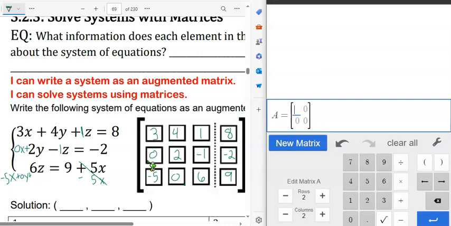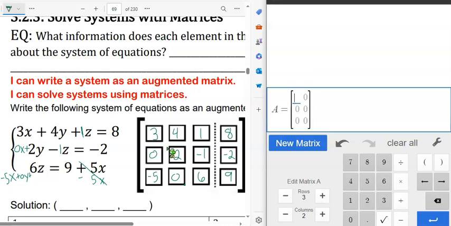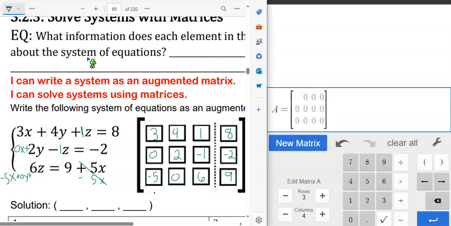It has 3 equations, so that means it has 3 rows. And then it has 4 different terms, so that's 4 columns. So rows represent the equations, and columns represent the terms.